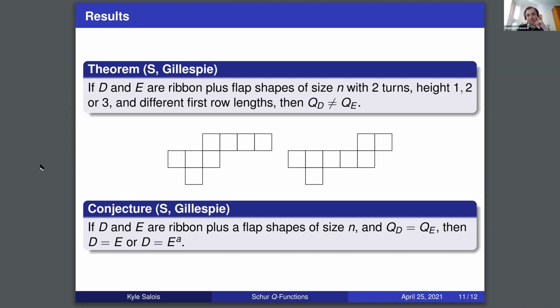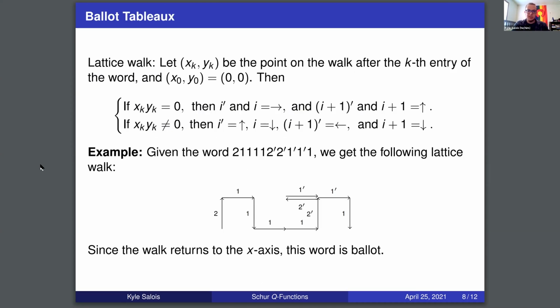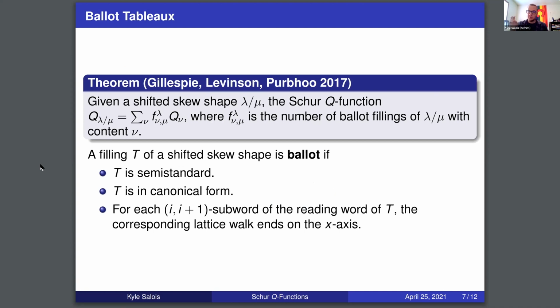Thank you. And maybe one more question, because I know that there is a crystal-like structure for the ribbon tableau, or the shifted tableau. Do you get anything out of this? This is actually where the definition of this Littlewood-Richardson type coefficient came from.